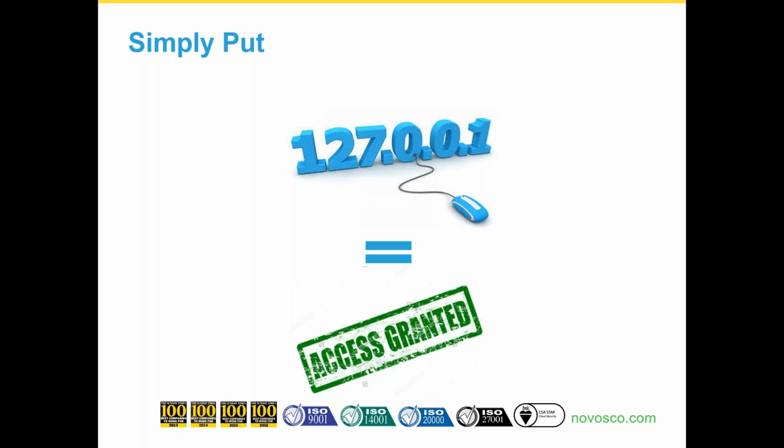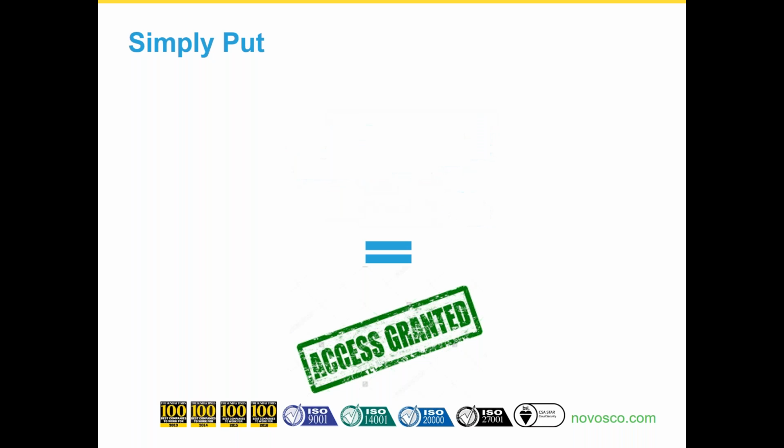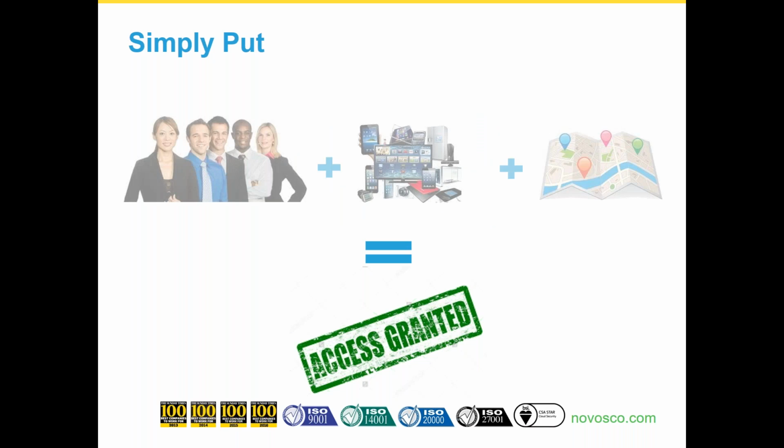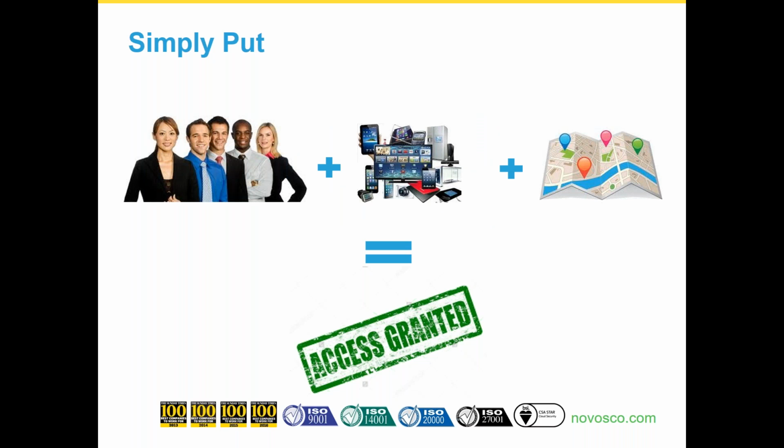What software-defined networking does is it gives us a mechanism, and let's be clear here, we're talking about a mechanism. We need the tool set sitting on top of that mechanism, but it gives us a mechanism to change that into users and devices and locations put together, postured correctly, equals the access you're granted.